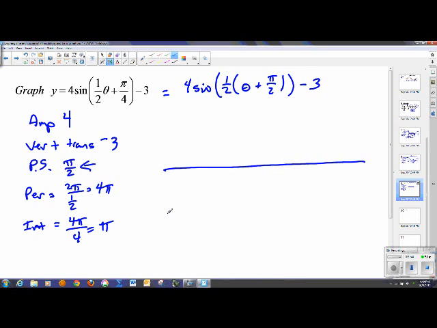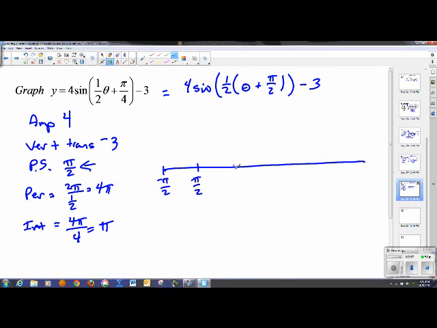I'm going to start by saying, well, what are my horizontal values? I have a phase shift of negative pi over 2, so I'm going to back up pi over 2. And I'm going to have intervals of pi from there. So if I add pi to negative pi over 2, sorry, I get positive pi over 2.